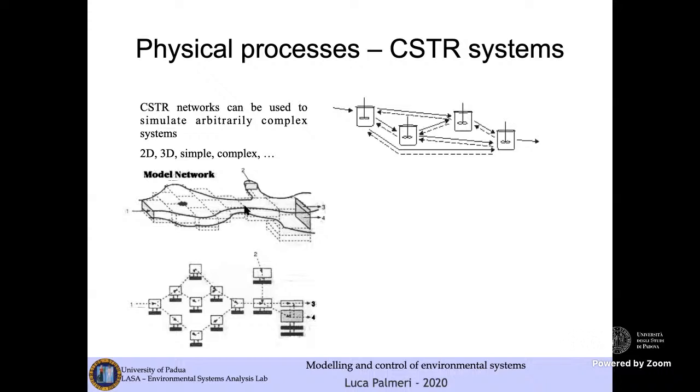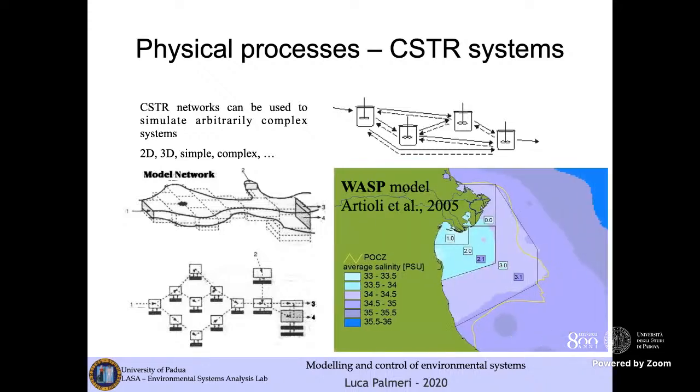You may also include some kind of spatial differentiation. For example, you may include a second dimension by employing layers of upper and bottom CSTRs, so that you can distinguish between what's happening at the surface of a water body and what's happening beneath, in the lower layers.